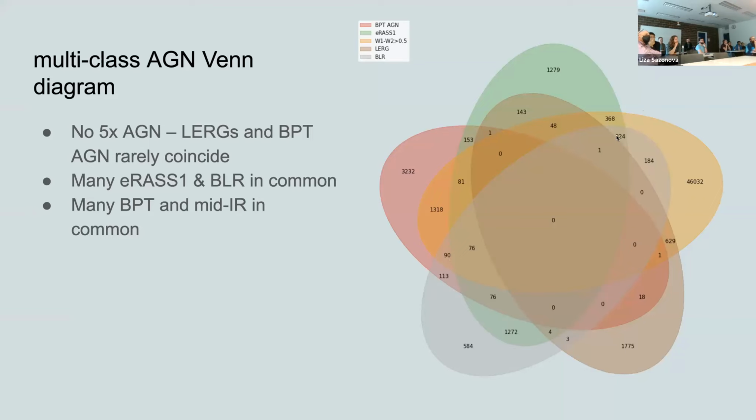I think it's this group here, right? Yeah. So there are a decent number of them. It's comparable to the number of double detections for X-ray and WISE, actually. So around half of the galaxies that are double detected between mid-infrared and broadline are also X-ray AGN detected, something like that.